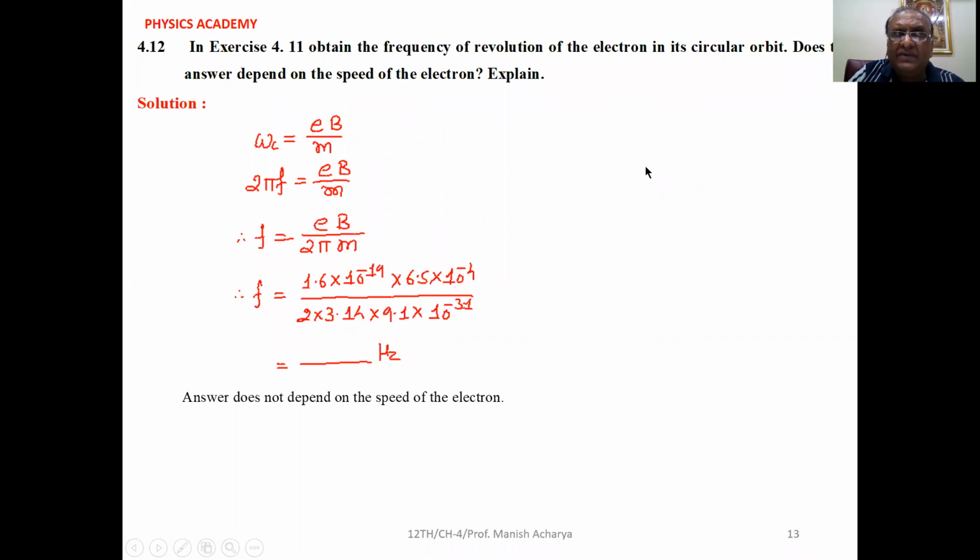No, it does not depend. Why? Because see the equation of the frequency, that is eB upon 2 pi m. The speed is not appearing anywhere in the equation. So the answer does not depend on the speed of the electron. Clear to all of you?